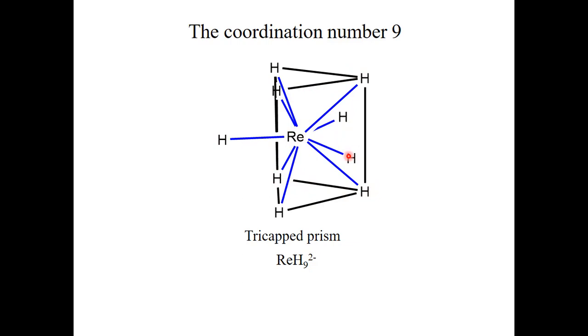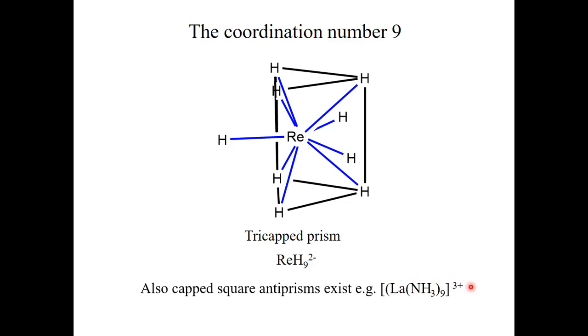The tri-capped prism is not the only possibility to realize the coordination number 9. There are other possibilities. For instance, you can also have a capped square antiprism. An example for this would be the nonaamminelanthanum 3+.